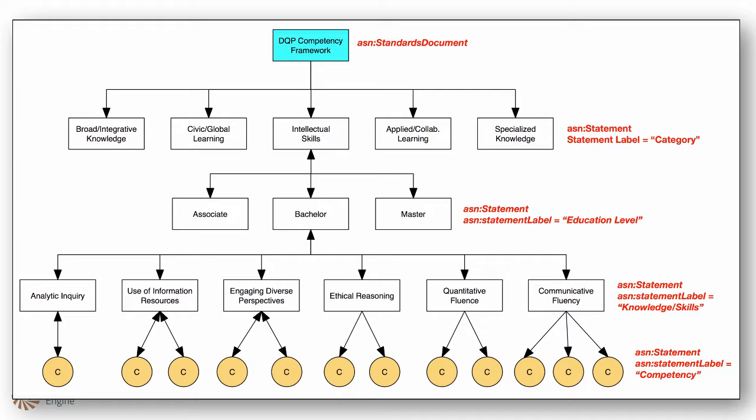And then finally we get down to competencies. This is just the Stewart-Sutton analysis of the formal relationships in the DQP, ferreting out what I assume those statement labels might be, so that each one of these, associate, bachelor, and so forth, is a kind of education level statement. And then at the bottom are the competencies themselves.